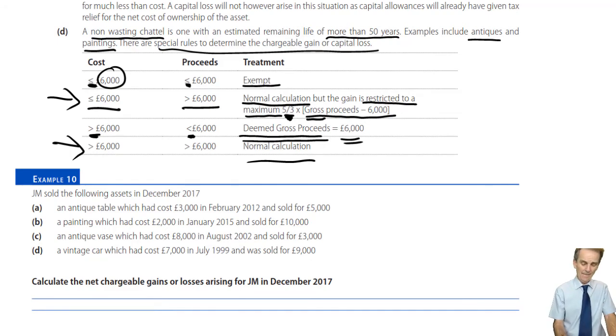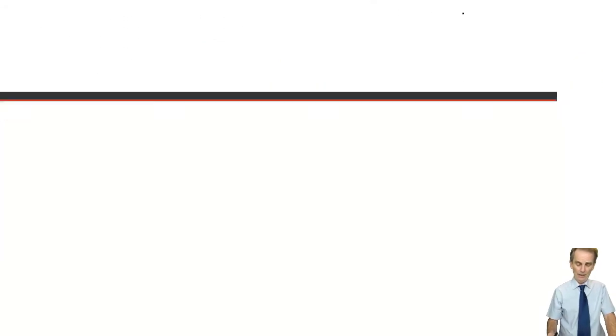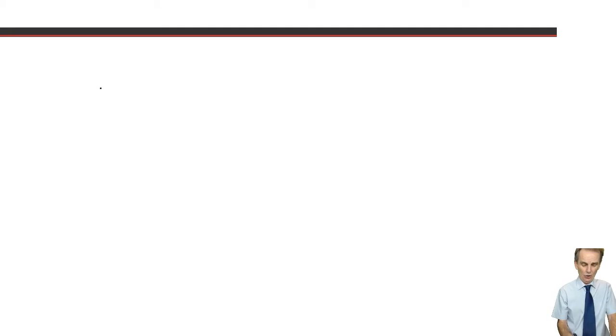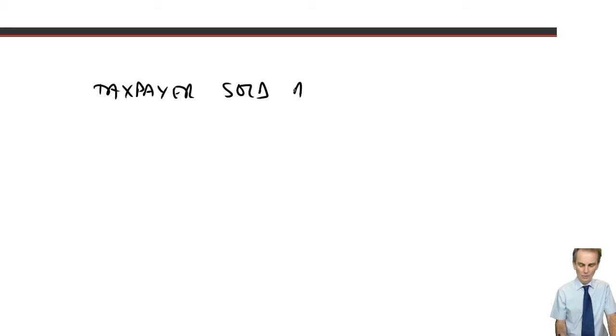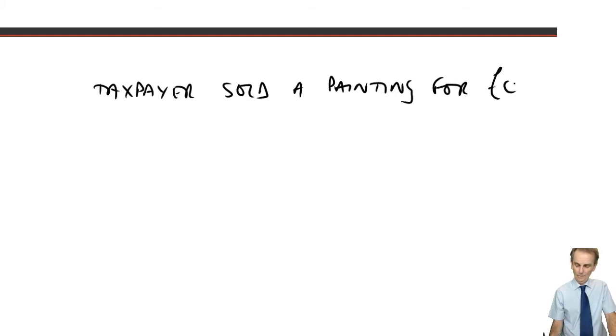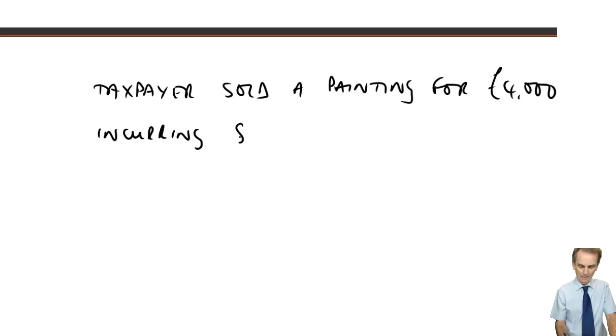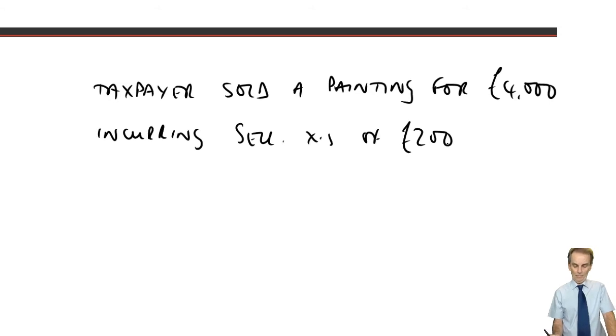So, one final example on this, therefore, let us now assume a taxpayer sold a painting for £4,000, incurring, again, selling expenses of £200.